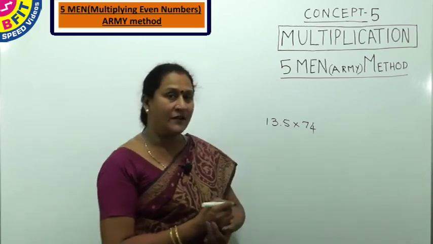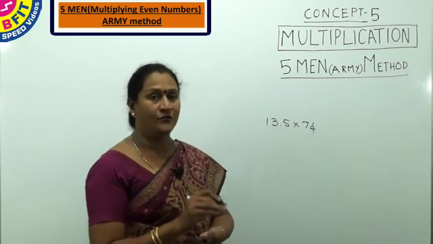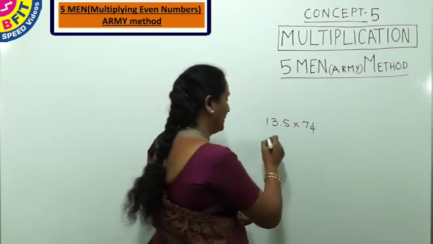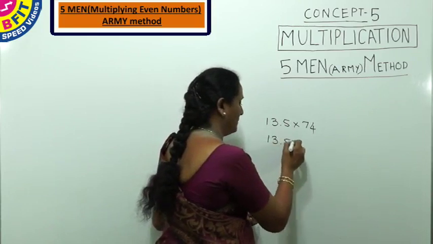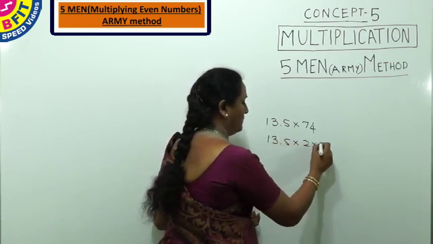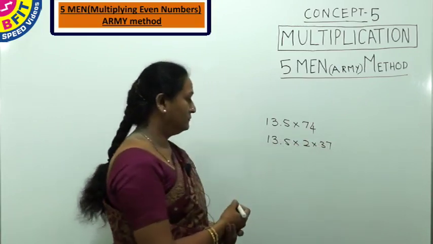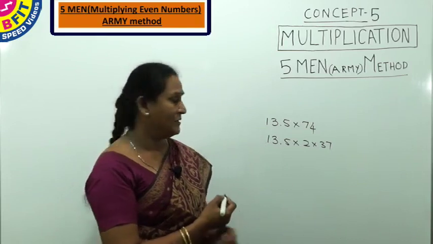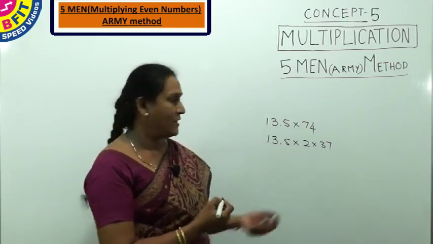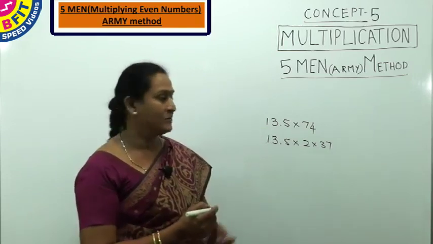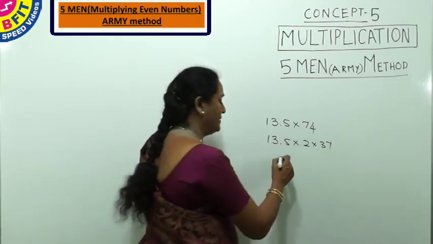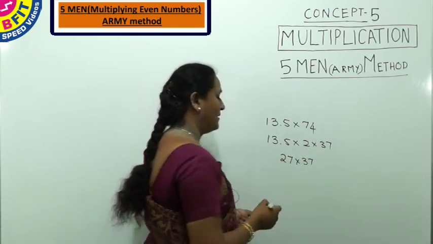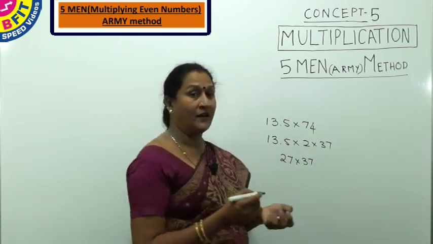Splitting 74 into factors 2 and 37, we can make our working easier. What is 13.5 into 2? This number is doubled. 13 into 2 is 26, and 0.5 when doubled is 1. So 26 plus 1 is 27 into 37. Now we can multiply 27 and 37.